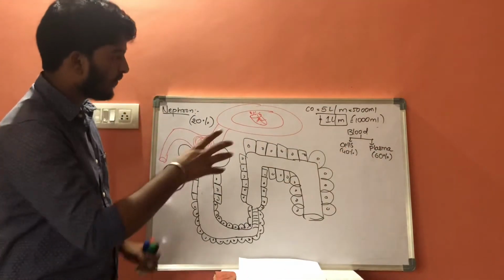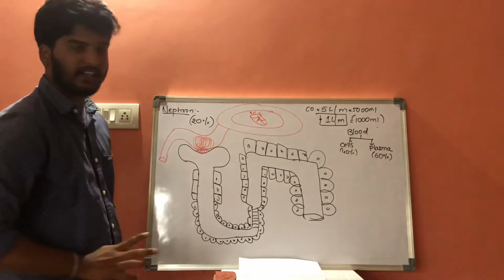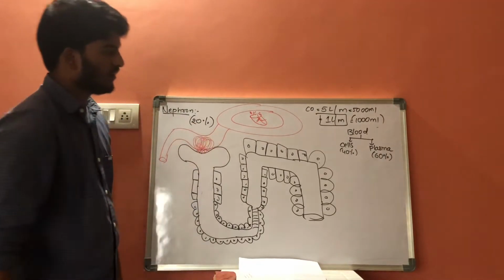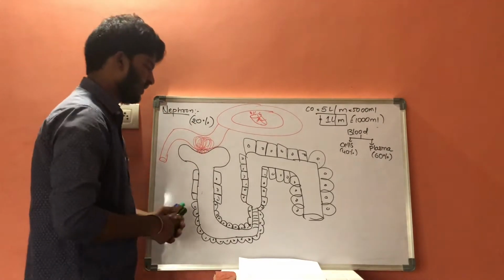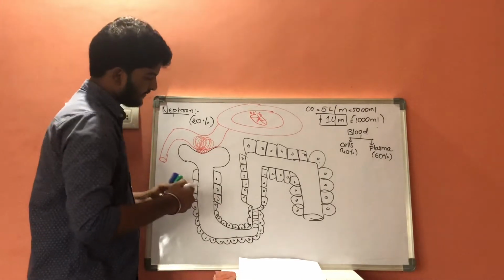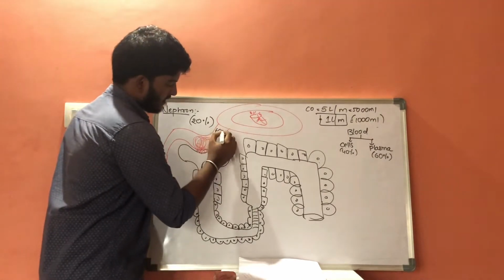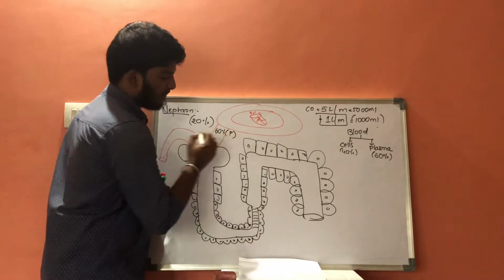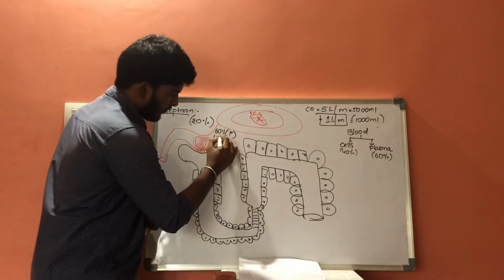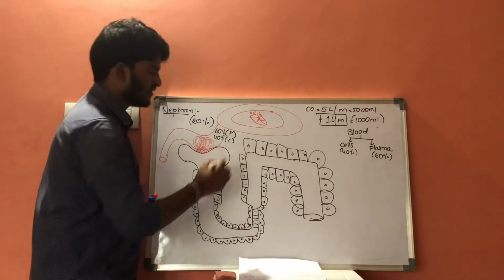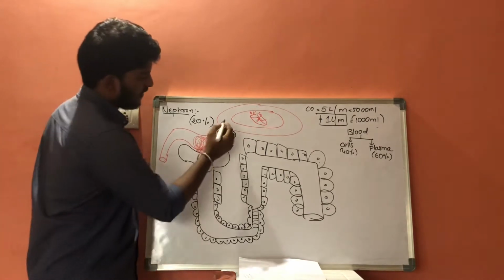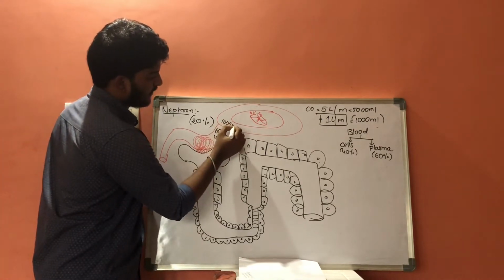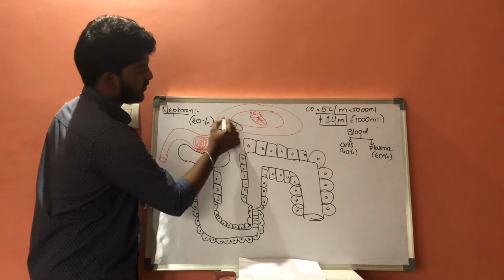So here 1000 ml of blood is entering into the nephron. Out of this, 60% is plasma and 40% are cells. So totally 1000 ml of blood is reaching the nephron.